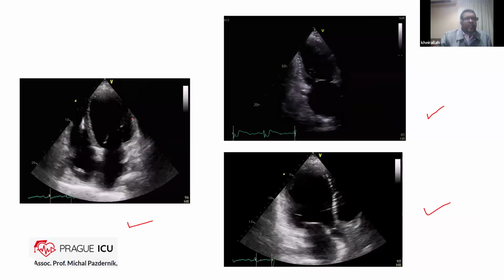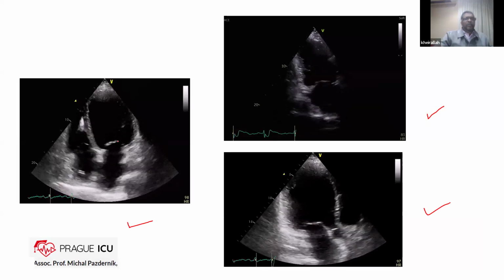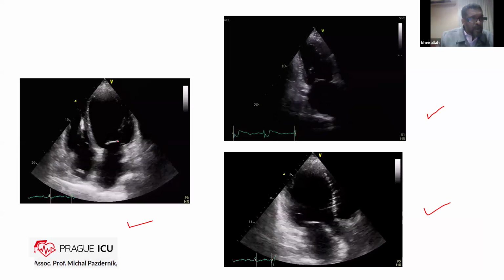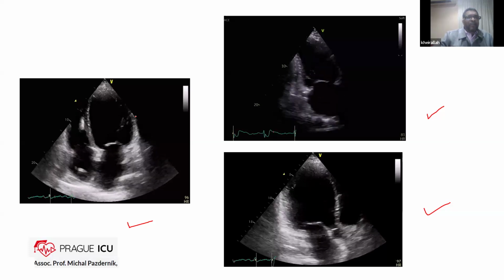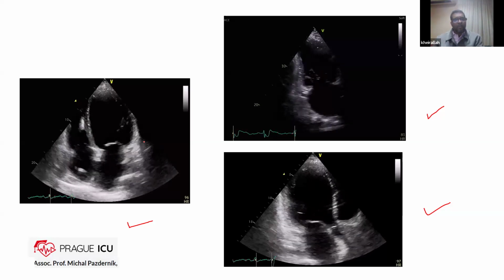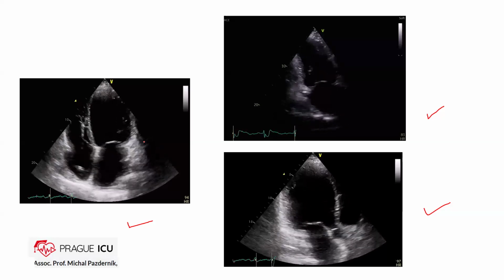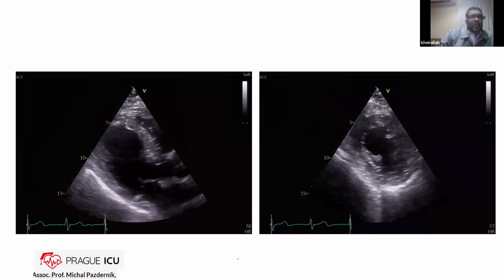Yes. So this is severe LV systolic dysfunction. Ejection fraction, if it's traced by Simpson method, which is the biplane disc method we have discussed earlier, is going to be in the range of 25 to 30%. Severe LV dysfunction.